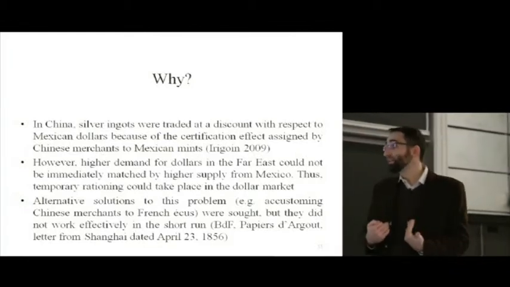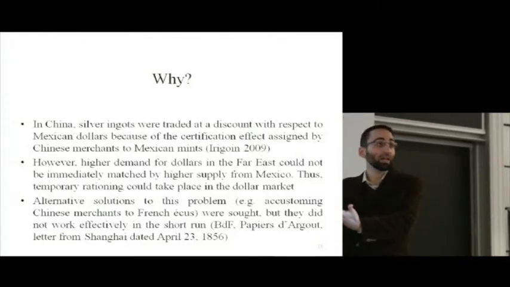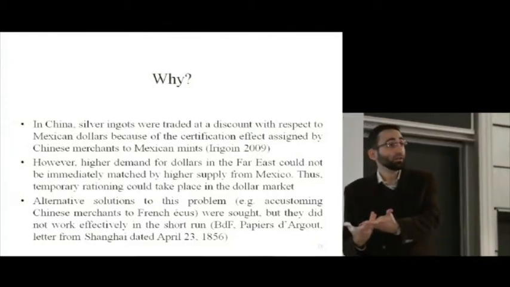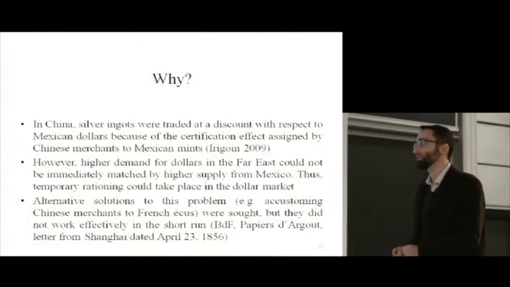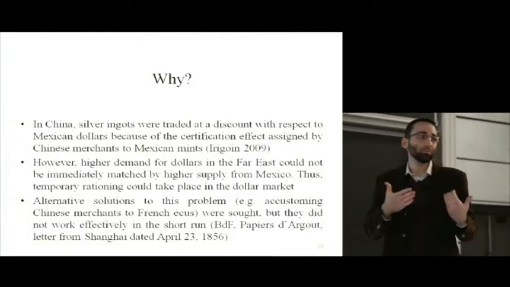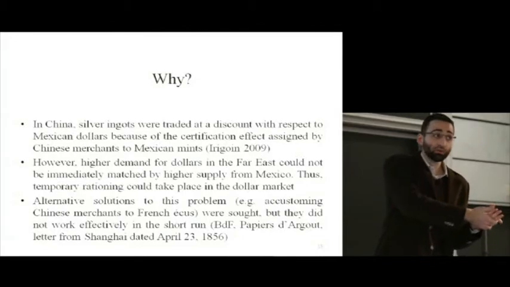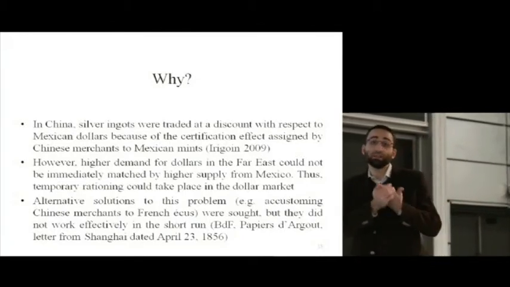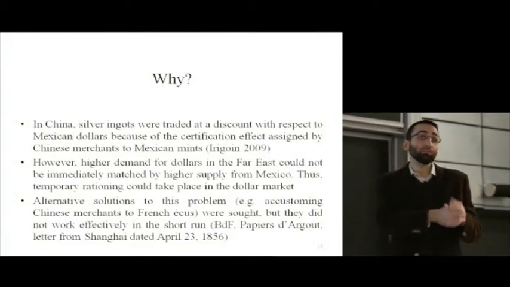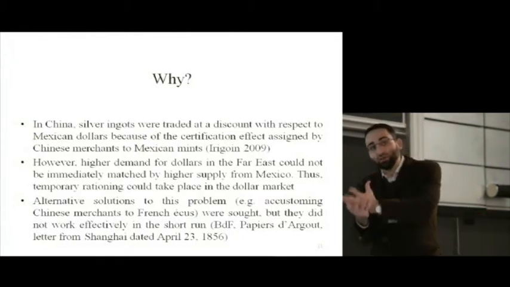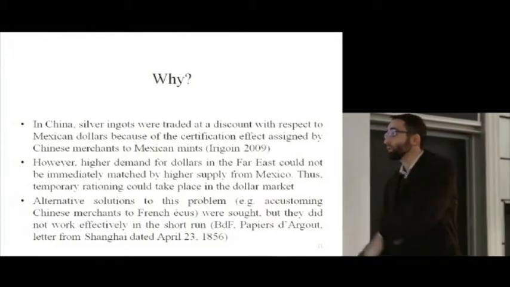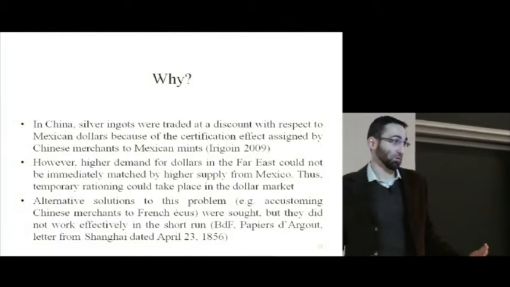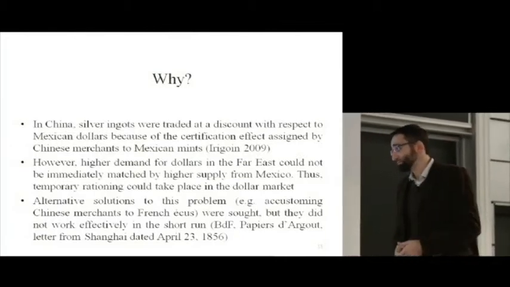But in case you have higher demand in the Far East, as in the early 1860s, this cannot be immediately matched with new supply, which is quite logical because this species had to be minted in Mexico, then shipped to Europe, and then reshipped to the Far East, which takes a lot of months, the whole procedure.